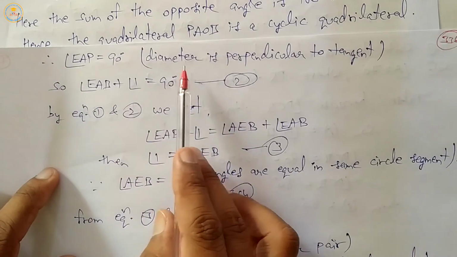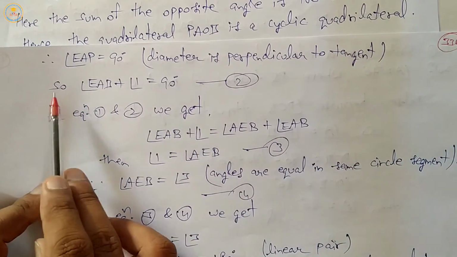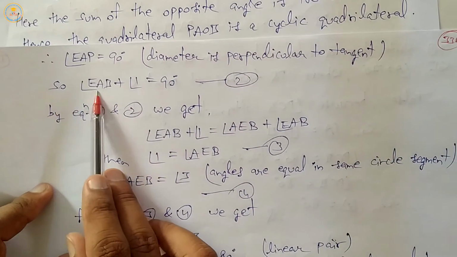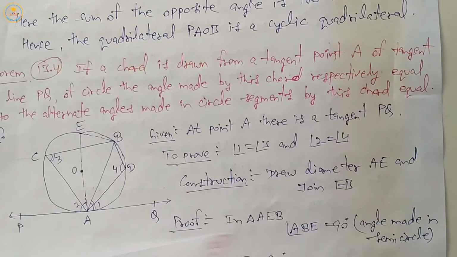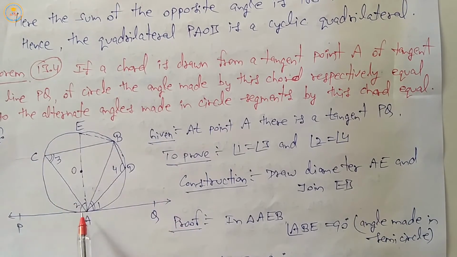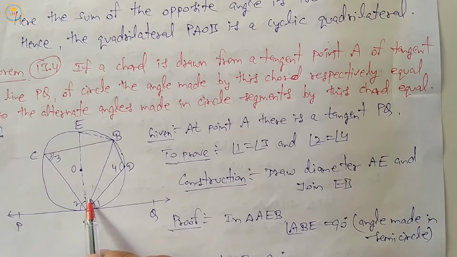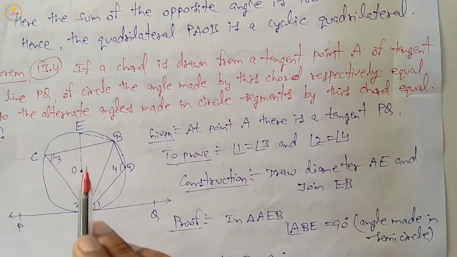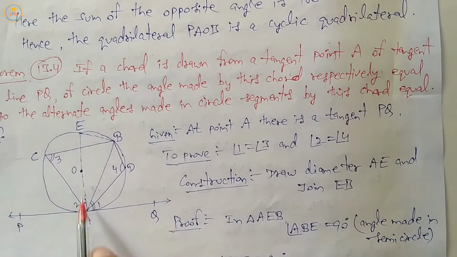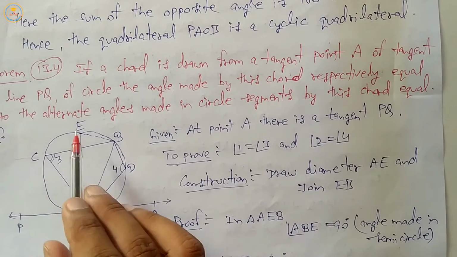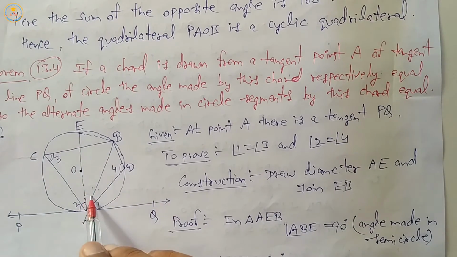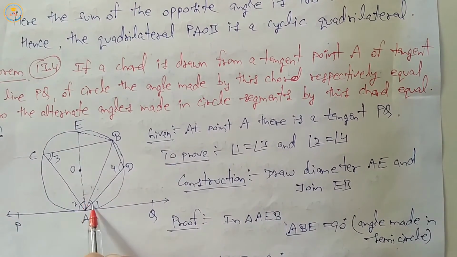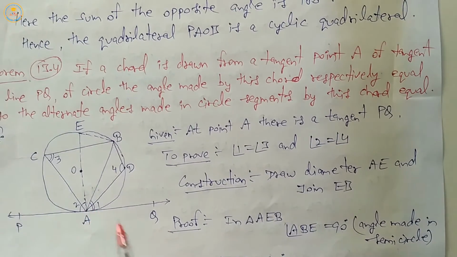Therefore diameter is perpendicular to tangent, and we can say angle EAB plus angle 1, both are 90 degree, because EAQ is a right angle 90 degree. So EAB and angle 1 added equal 90 degree.